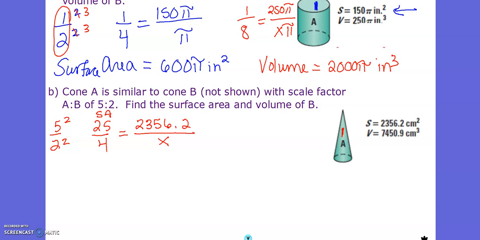times 4. Get a value. And then divide the whole thing by 25.